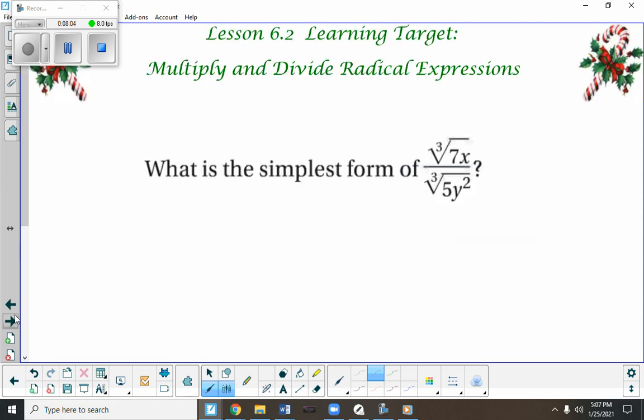So in this problem, let's see what's going on here. We have a cube root of 7x and a cube root of 5y squared. Now in this problem, we have cube roots in the denominator, and nothing cancels from the top to the bottom. So we have 7x, and then we have the cube root of 5y squared. So in order to get rid of the radicals, we want to make a perfect cube.